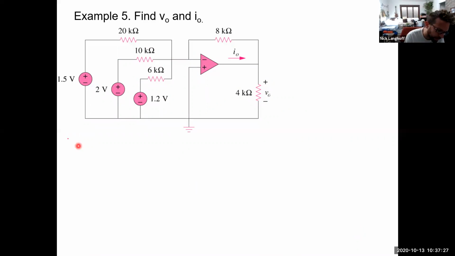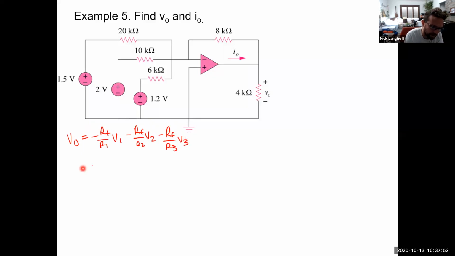But if you wanted to find this, realize V out would just be, if you put this in here, minus RF over R1 times V1, minus RF over R2 times V2, minus RF over R3 times V3.